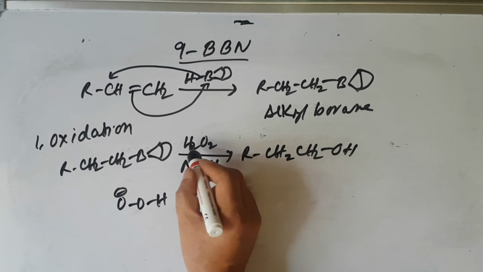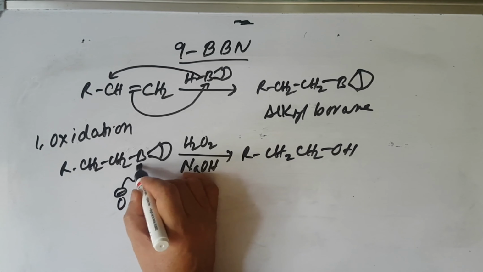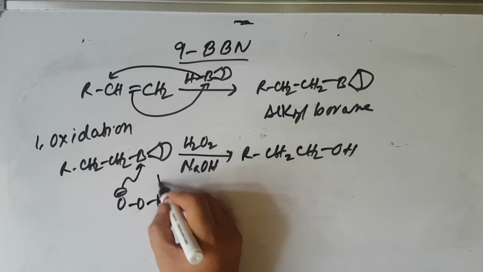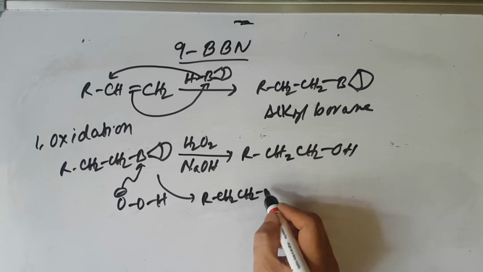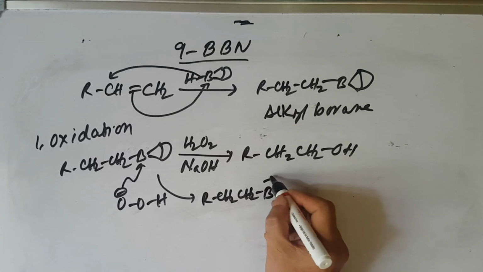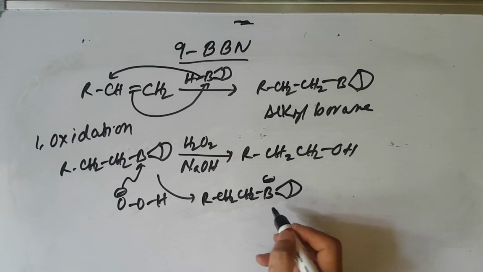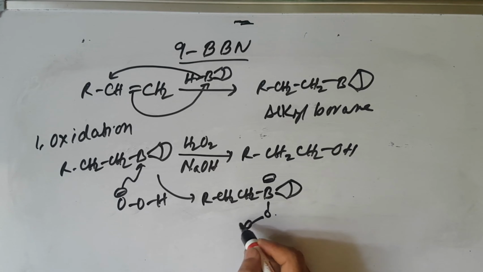Hydrogen peroxide reacts with sodium hydroxide to give the peroxide anion, which attacks here. The first step gives RCH2, CH2, B with a negative charge here, and OH.